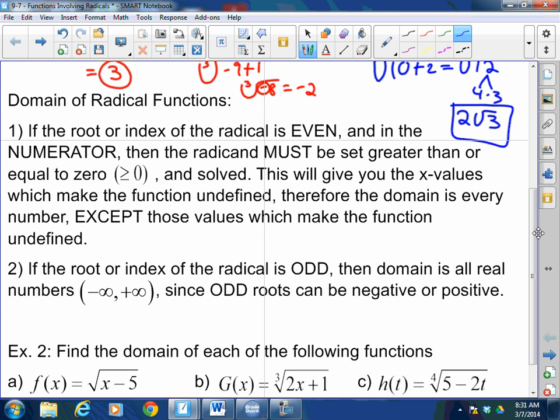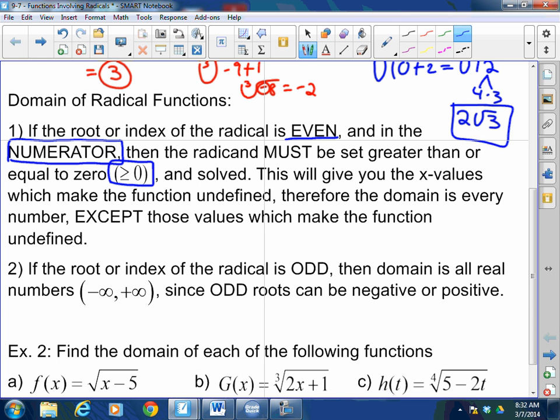If the root or the index of the radical is even, and it's in the numerator, the radicand must be set greater than or equal to 0.